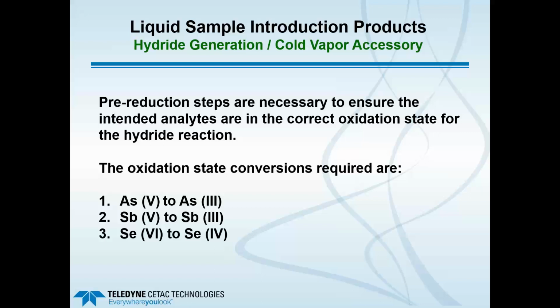We have to convert arsenic 5 to arsenic 3, antimony 5 to antimony 3, and selenium 6 to selenium 4. So these reactions are all pre-reduction steps before we would react the sample with the sodium borohydride reagent and generate the volatile hydride.